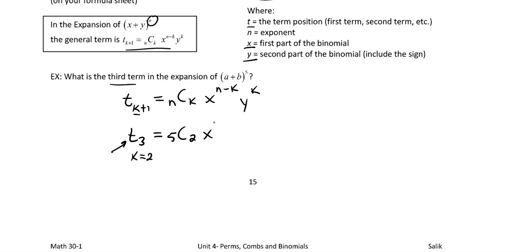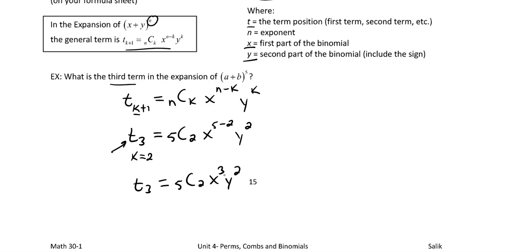So that's going to be 5 minus 2. Okay? And then y to the power of 2. Now, let's write it one more time. I just want you to see what's happening here. So in the end here, we're going to have t of 3 is equal to 5c2, x to the power of 3, y to the power of 2.